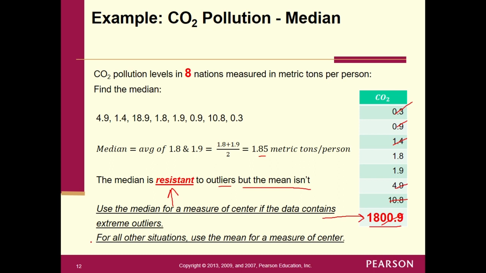So most of the time we are going to use the mean, 90-95% of the time. But in those cases when we do have extreme outliers in our data, you might want to consider using the median because it's going to be unaffected by that outlier or outliers.